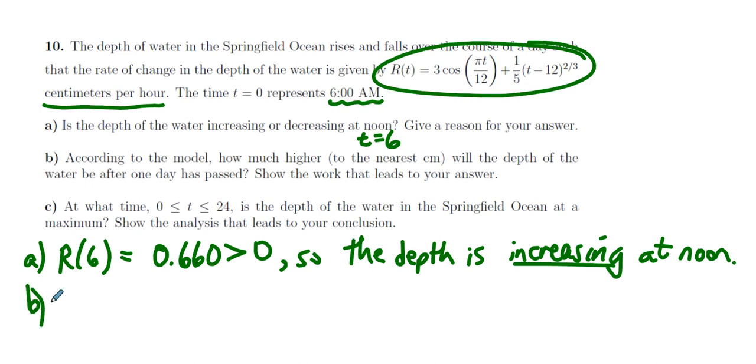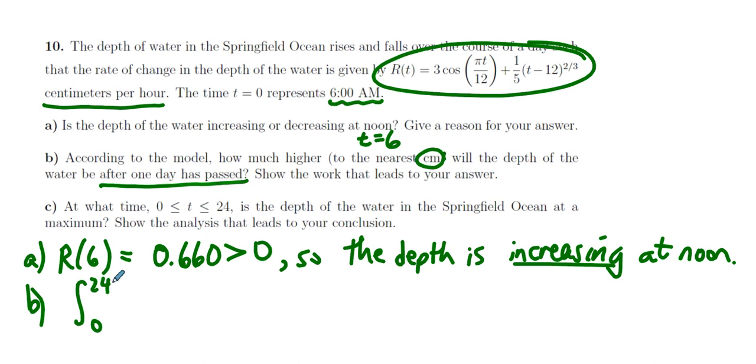B part. How much higher will the depth of the water be after a day has passed? After 1 day has passed, how much higher? To the nearest centimeter. Centimeter removes the per hour, so we accomplish this by an integration. Integrate over what interval? Well, a day has passed.